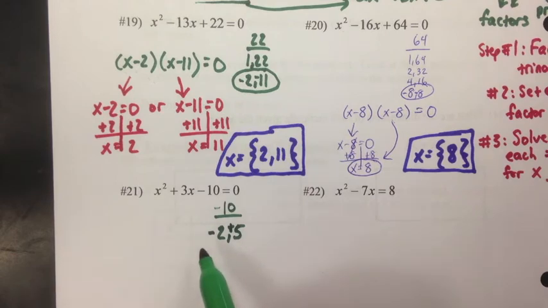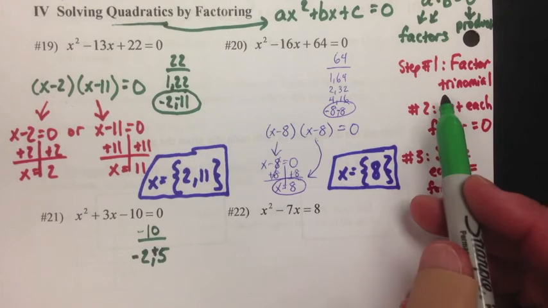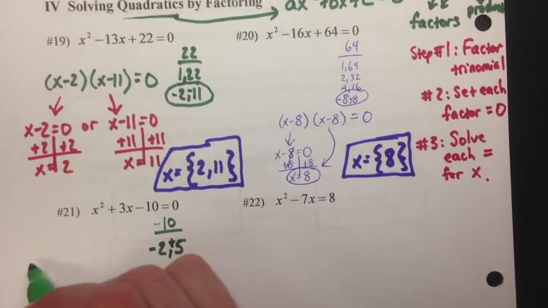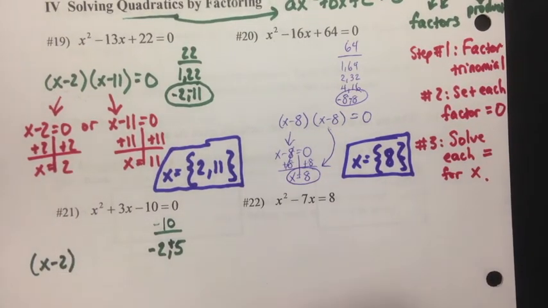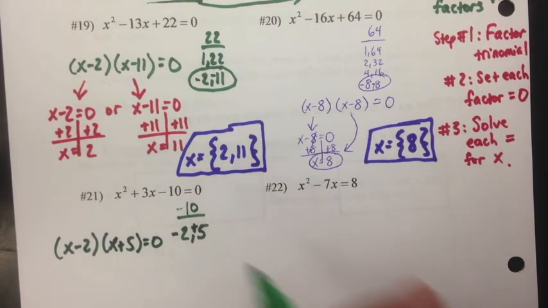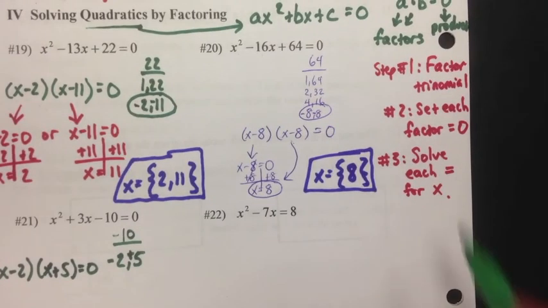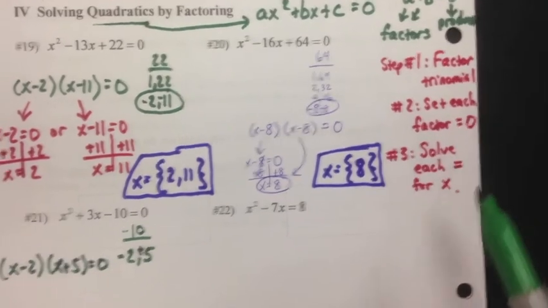All right, so here we go. Step 1, factor the trinomial. Step 1 is to factor. So I'm going to write this as x minus 2 times x plus 5 equals 0. There's my equation. Okay, step 2, set each factor equal to 0.